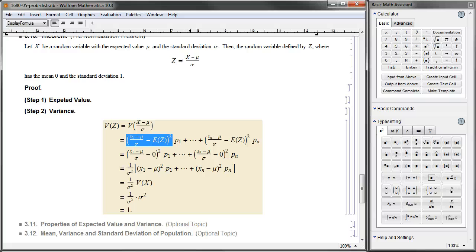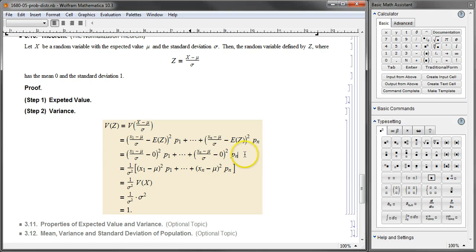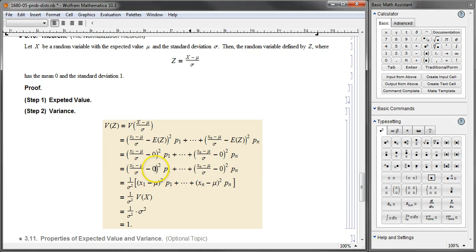But what was the expected value? We calculated it as 0 in the previous problem. So we don't really have to do anything, because subtraction by 0 will not change anything. This is, as a matter of fact, equivalent to everything without the minus zeros here. We're going to get something like this.